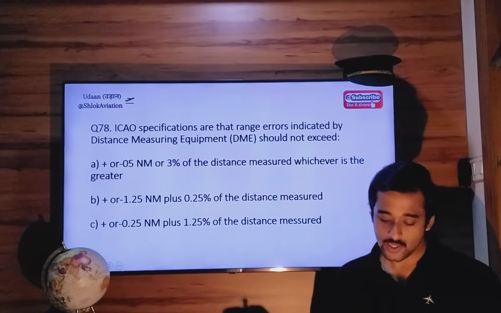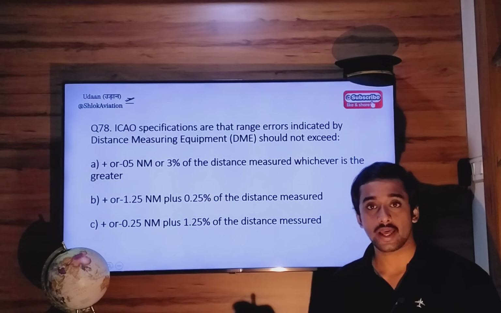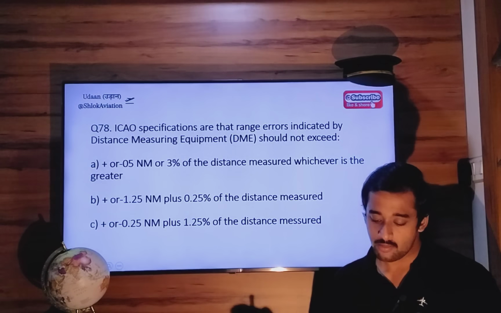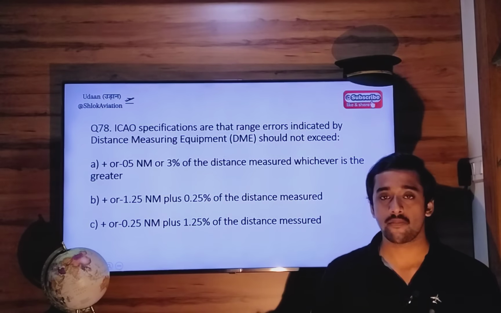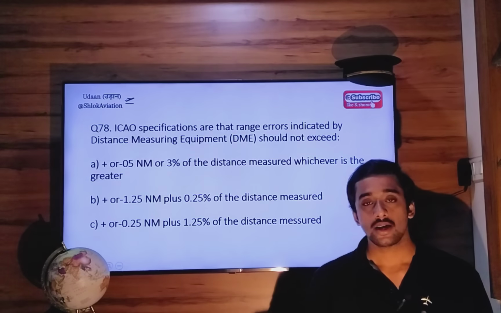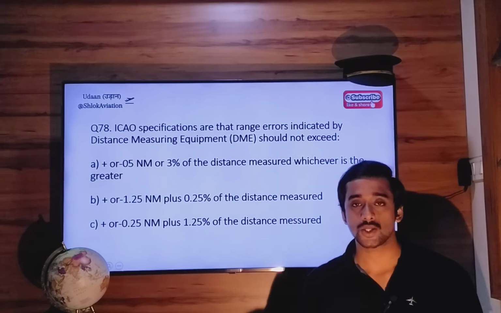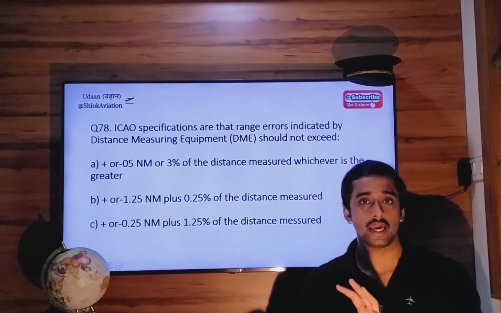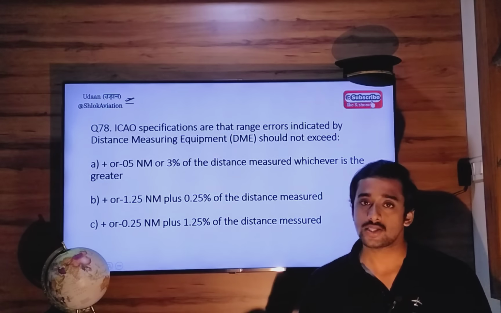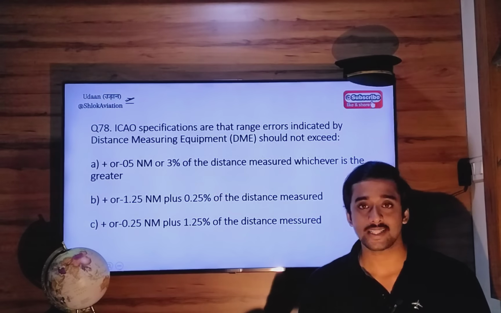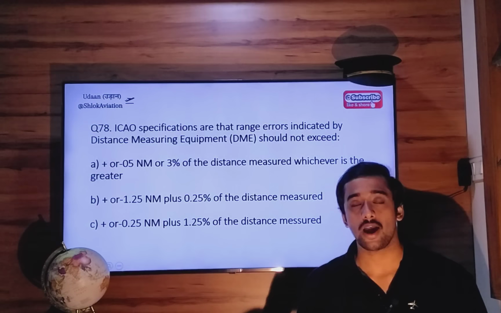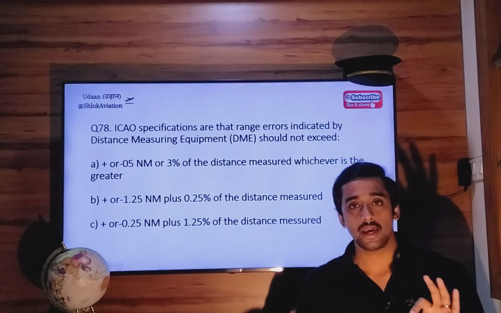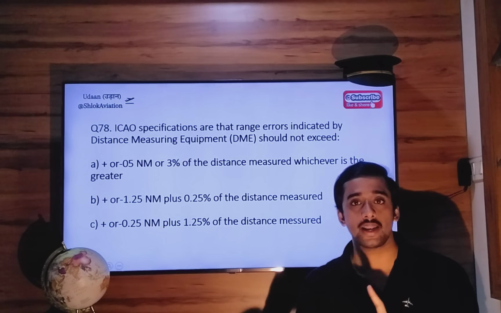Next. ICAO specifications are that range errors indicated by DME should not exceed what? The job of distance measuring equipment is to indicate distances, or ranges, from the aircraft to the DME ground station. These indications are not always accurate, so there are defined limits beyond which the DME indication should not be relied upon.